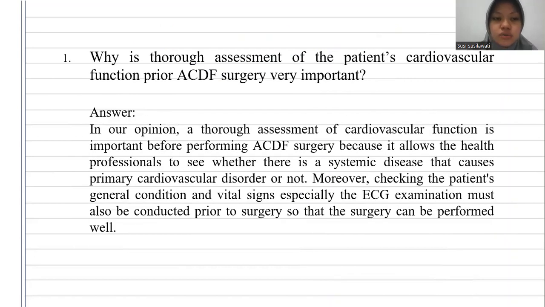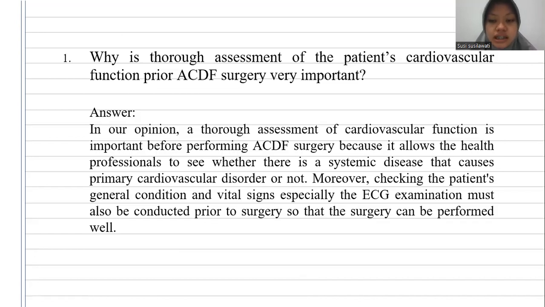This is a question. Why is assessment of patient cardiovascular function prior to ACDF surgery very important? An answer. In our opinion, thorough assessment of cardiovascular function is important before performing ACDF surgery because it allows the health professional to see whether there is a systemic disease that causes primary cardiovascular disorder or not.